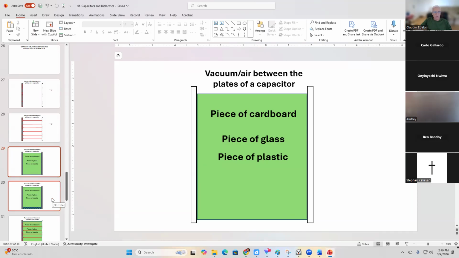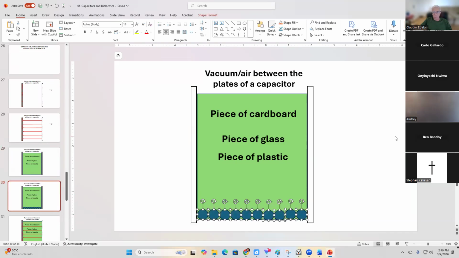Okay? What I want you to do, I want you to visualize that this dielectric that you see right here is actually made of molecules, right? I'm going to represent my molecules by those circles.